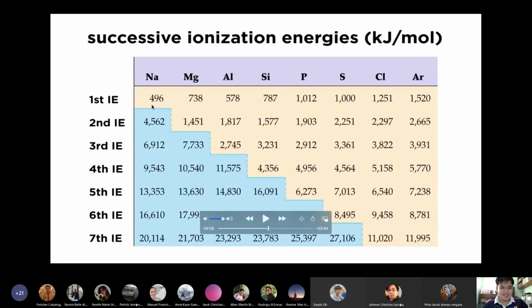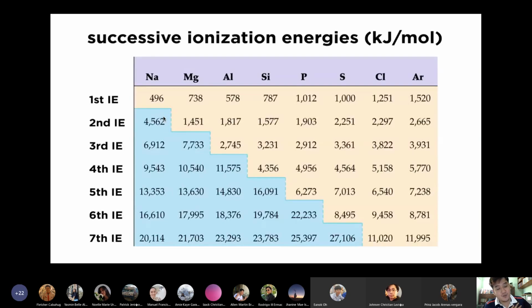So if you've noticed, the starting values for the blue ones are actually already in their ionic form, okay, and they have already followed the configuration of the noble gases. So for example, if you remove one electron from sodium, it will already have the electronic configuration of neon, okay, which has 8 valence electrons.